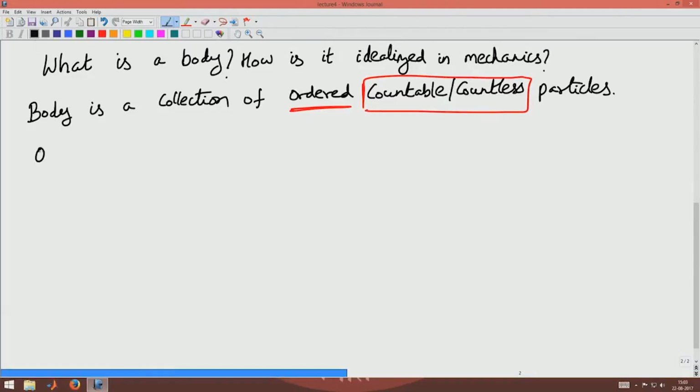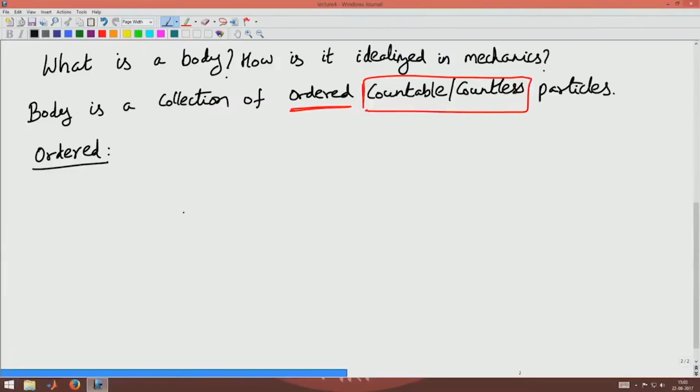What do you mean by ordered? A set is said to be ordered if you can establish that one element is before or after the other element, or there is an order in the way in which the elements of the set are arranged. For example, let us consider 5 points: 1, 2, 3, 4 and 5.